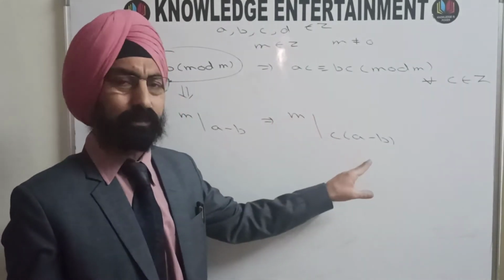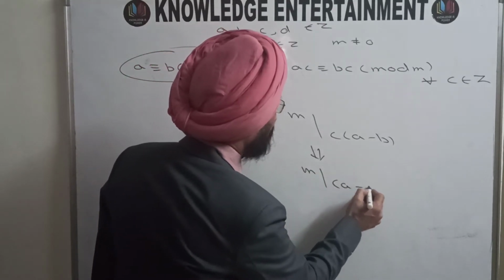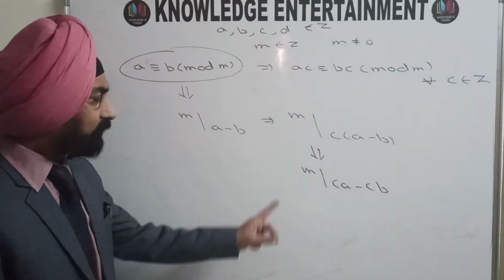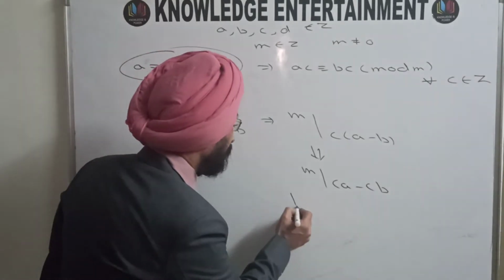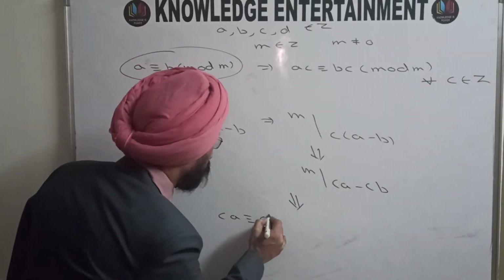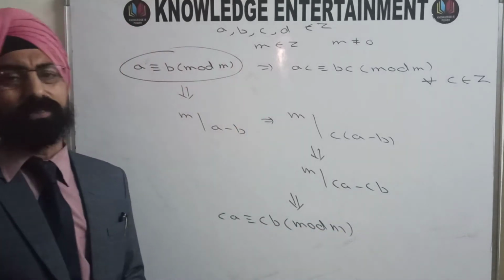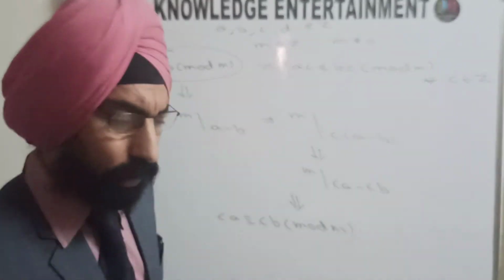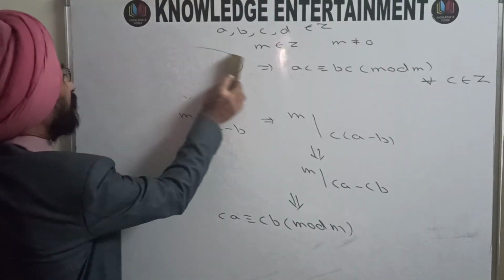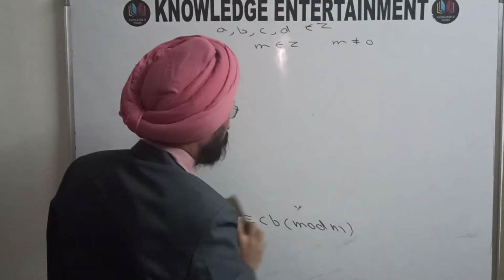So M divides C times A minus B, and this means M divides CA minus CB. And if M divides CA minus CB, then by the definition of congruences, CA is congruent to CB modulo M. So another trivial result is proved for congruences. Let us move on to more results.